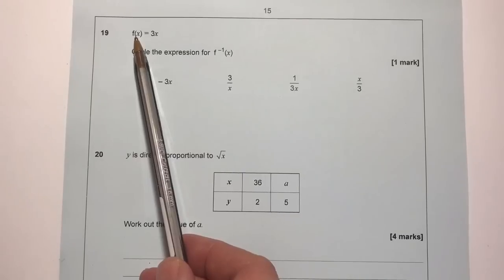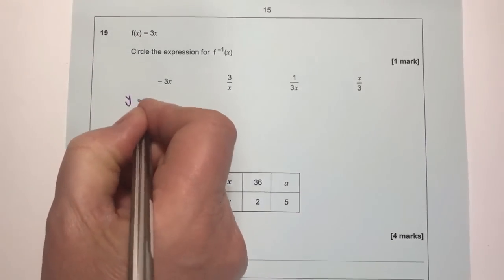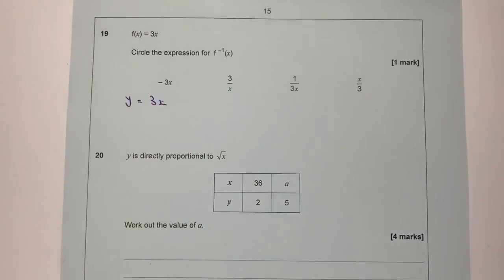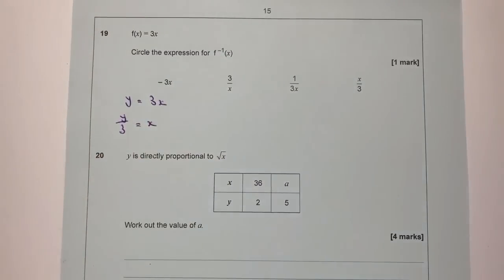I'm going to change that to y. So y equals 3x. Then I'm going to make x the subject of this formula by dividing through by 3. So I get y over 3 equals x. Then I've got to swap them over.